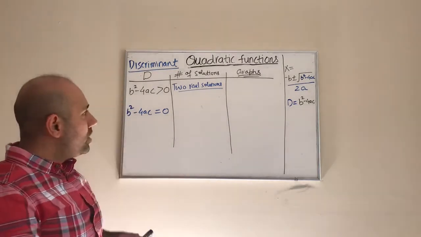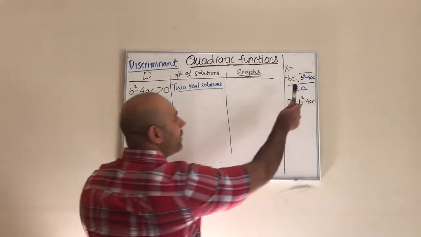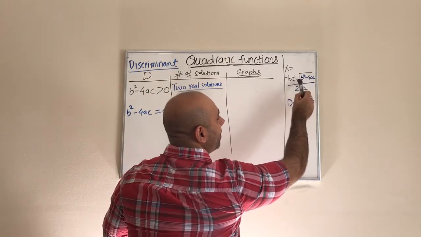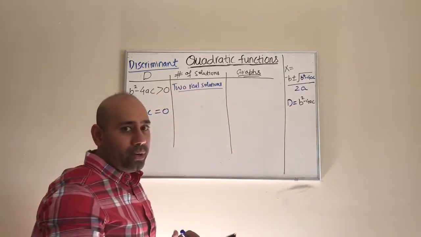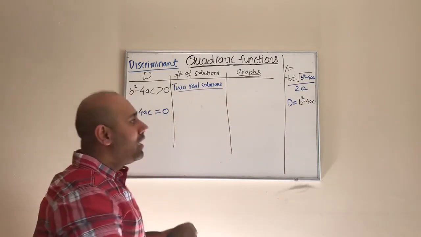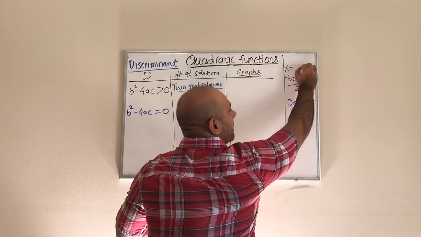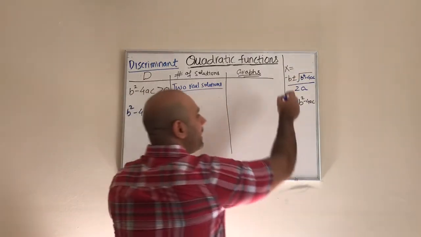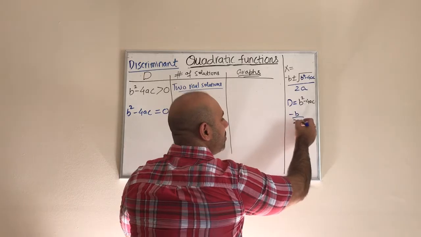Now, if it is equal to 0, guys, look at the quadratic formula again. If this whole quantity inside the radical is 0, then you take the radical of 0, which is still 0. That means this whole quantity just vanishes, and you're only left with negative b over 2a.